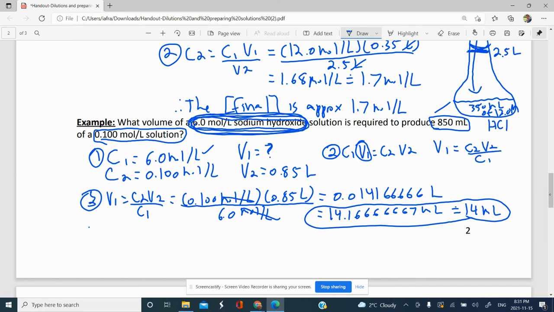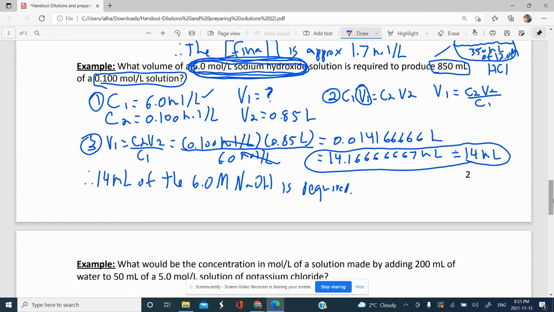So we can say, therefore, 14 milliliters of the 6.0 molar NaOH solution is required.